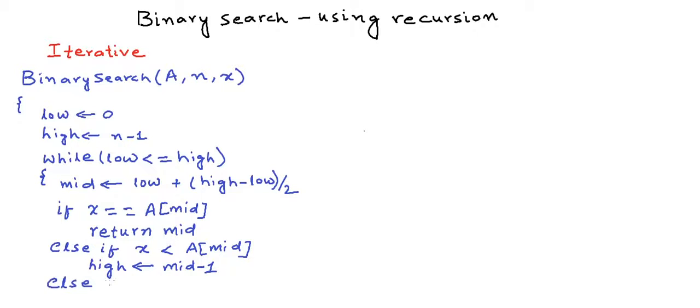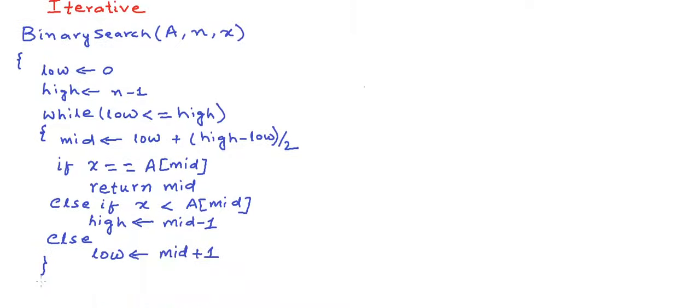Else if x is greater than the mid element, which is implicit as the third condition, we set low as mid plus 1. And if we come out of this while loop without finding anything, we return minus 1 to say that x does not exist in the array A.